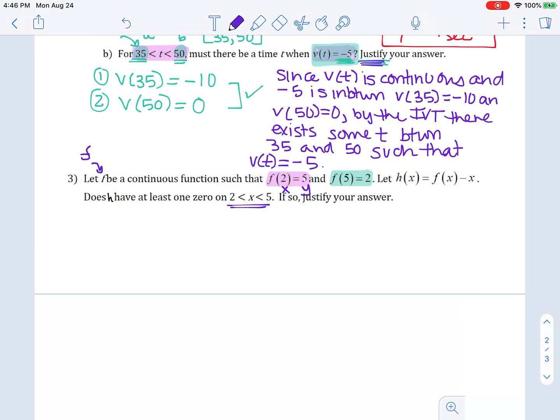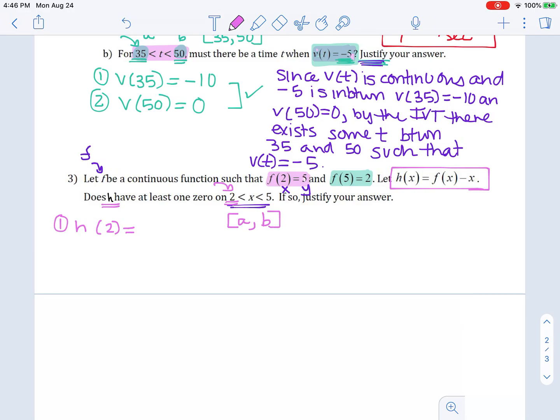So first we need to check and find our, this is our A, that is our B. So step 1, find h of A. So we first need to find h of 2. So we need to use this function here to find h of 2.